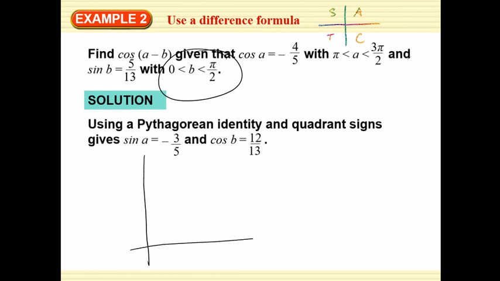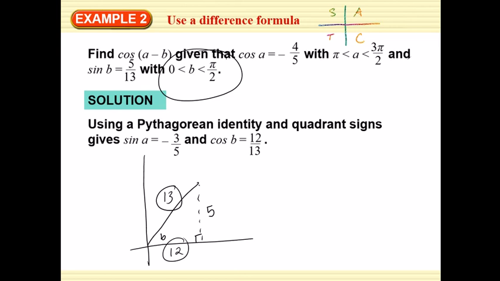So if I look at that restriction right away, it's going to save me a little bit of pain. So here is some angle B. It tells me that the sine, which is the opposite, 5, over the hypotenuse, 13. So I can then use my Pythagorean theorem to find my third side, which I would get 12. So to figure out cosine of B, it would be 12 on the adjacent side over the hypotenuse, 13.